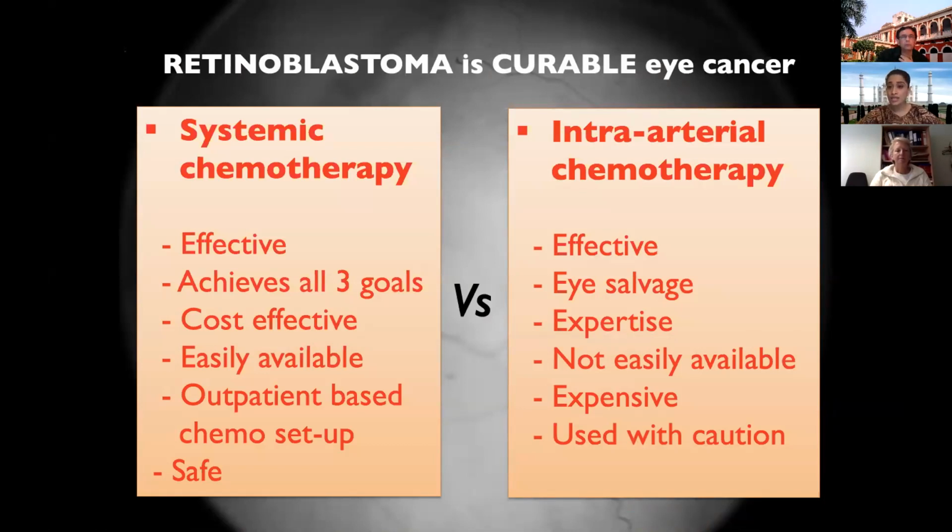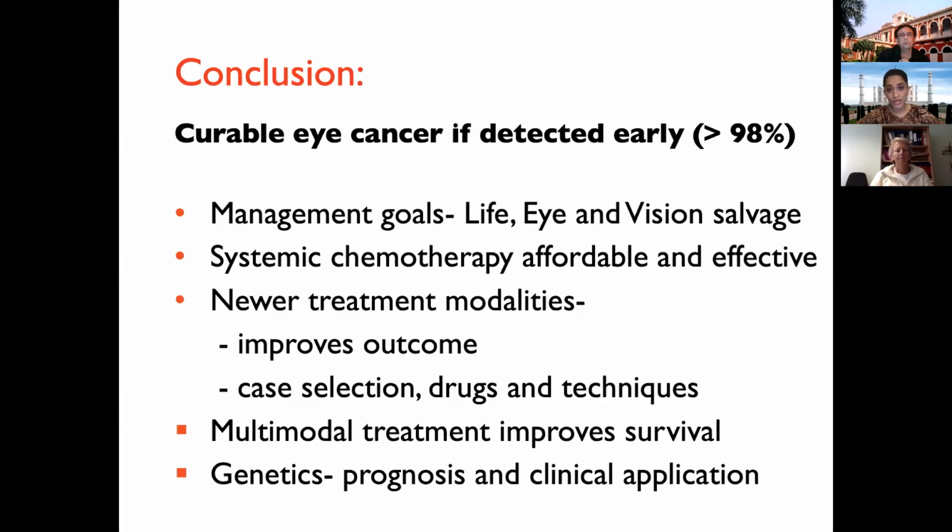It is also very important to identify the risk versus benefit of all primary management in order to choose the right treatment protocol. Again, the management goals are always life salvage, eye salvage, and vision salvage. Although the newer treatment modalities are definitely a huge leap in the progress of management of retinoblastoma, they have to be used with caution.